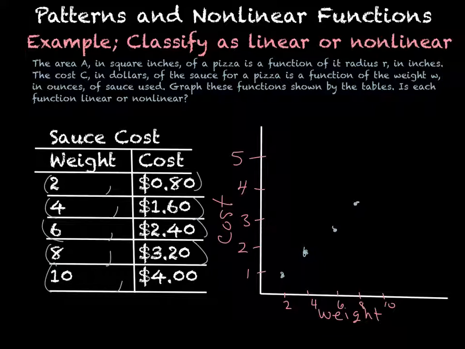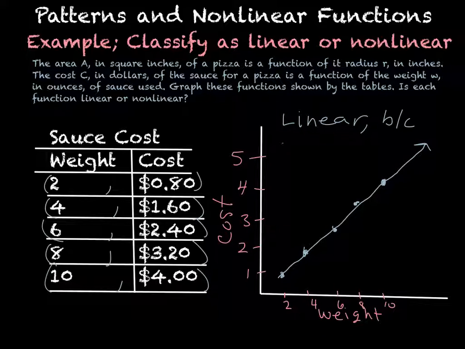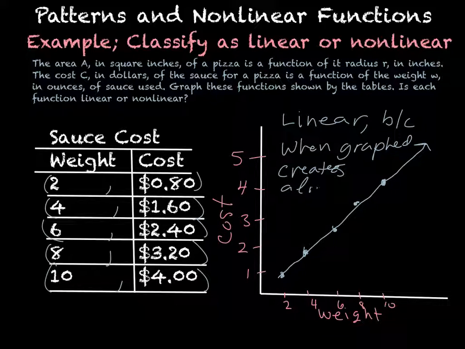And 10, 4. So it seems like for this one, all of the points lie on a line. So that's going to make the answer linear, because when graphed, it creates a line. So that would be your final answer.